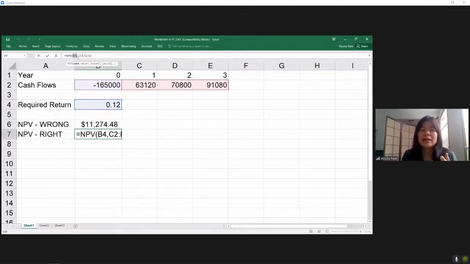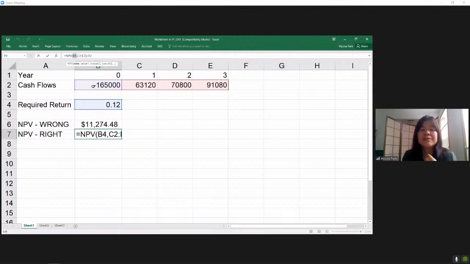And then it's important. Where should we start selecting the cash flows? You don't start from cash flow 0 when you use Excel's NPV function. You start from C2, that's cash flow 1, 2, and 3. Those future cash flows you include, and then you need to subtract the initial investment.